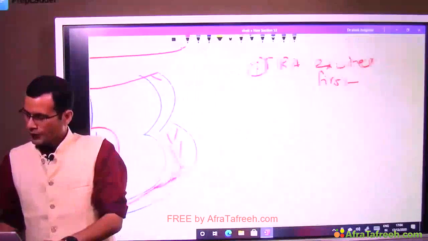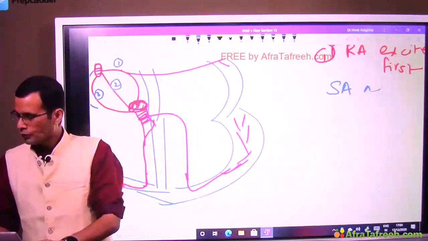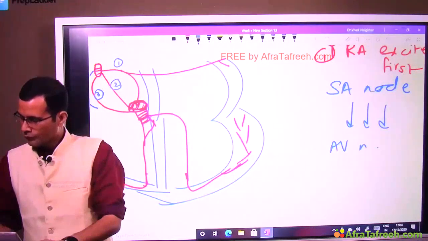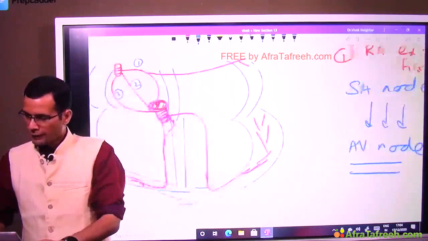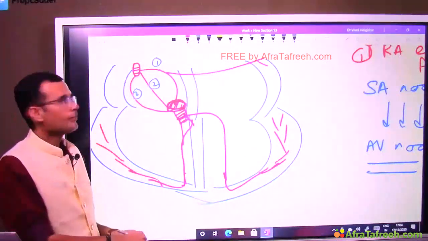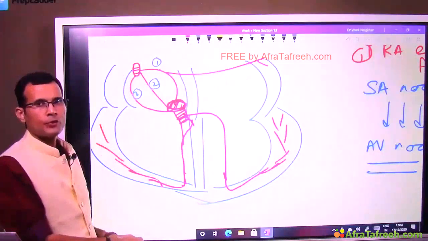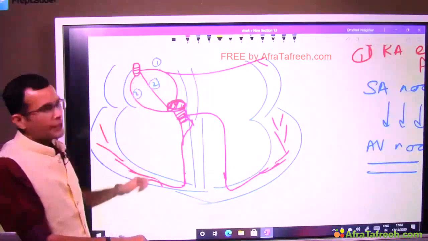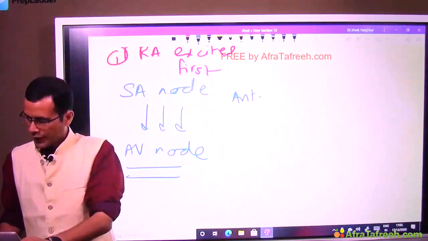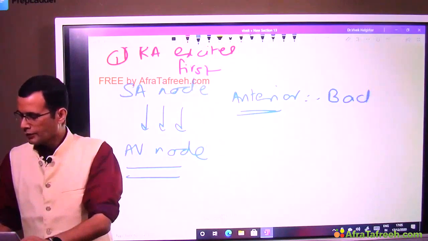So, the SA node sends impulses to the AV node via 3 internodal tracts, as you can see in the diagram: anterior, middle, and posterior. Okay, anterior, let's write it here. Anterior internodal tract is called as Bachmann's bundle.